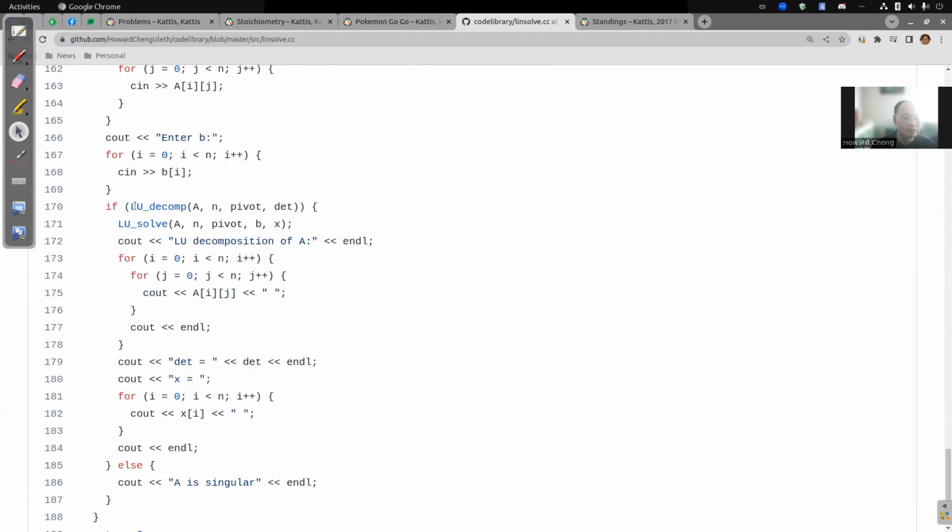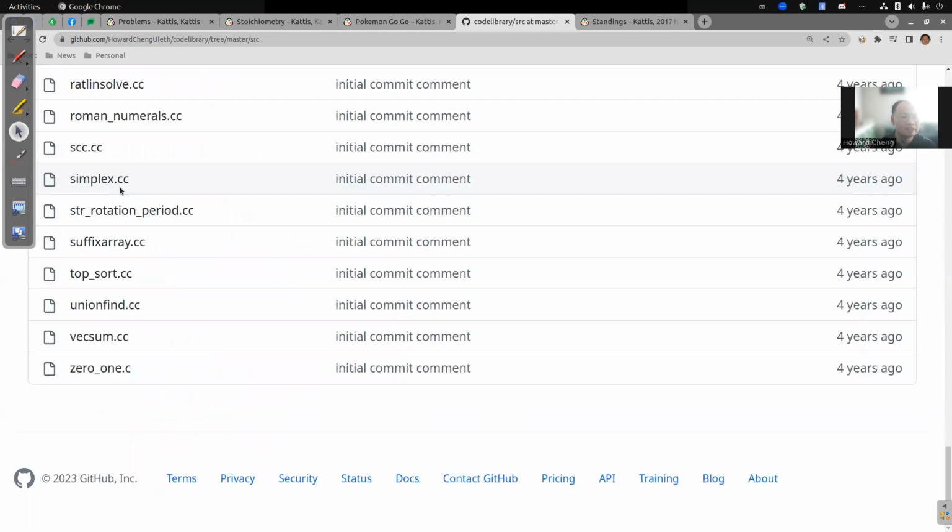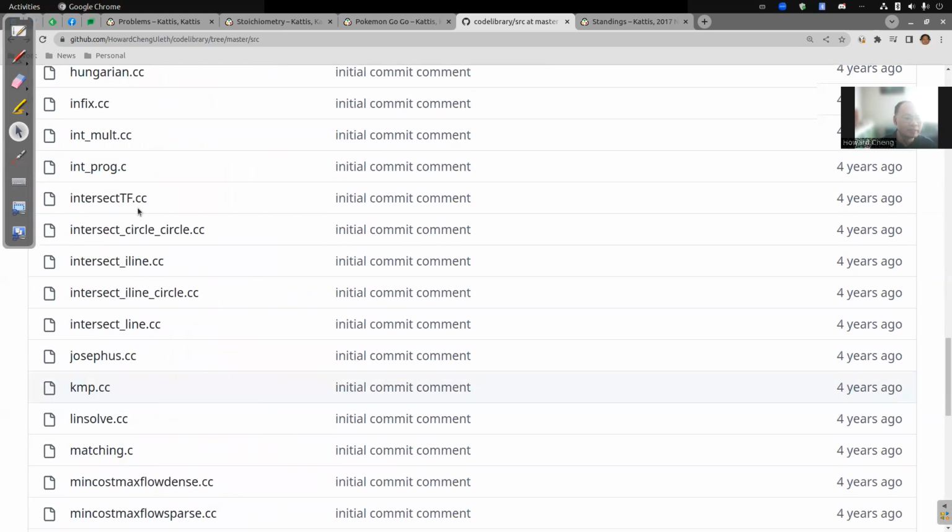But LU decomposition could tell you that there's no unique solution. So in this case, you'll get no unique solution anyway, even without the problem of the doubles. So this is not what you want to use, but I wanted to show you just in case it comes in handy later.